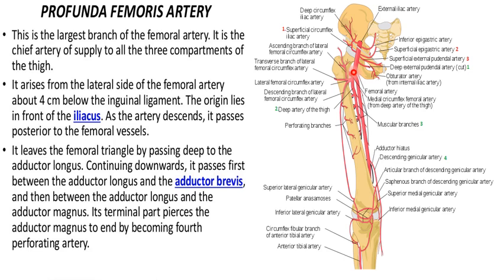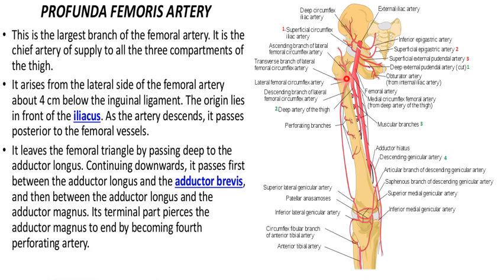And this profunda femoris artery lies on the iliacus muscle and psoas major muscle. That is the reason it is posterior to the femoral artery, separating the femoral artery from the iliacus and psoas major muscles.